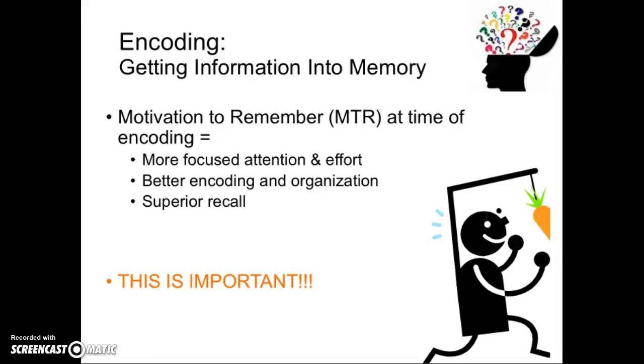Sometimes that's not enough. So we do things like, "This will be on the test." We bring out a marching band. We provide incentives, little quizzes along the way, feedback along the way to help to motivate you. That's how important motivation is.